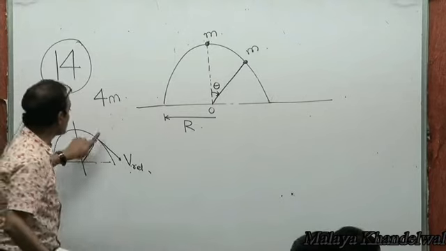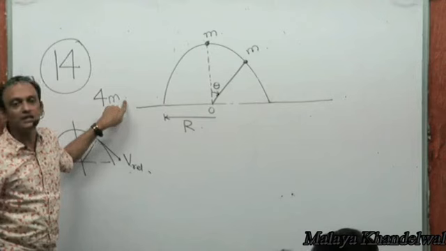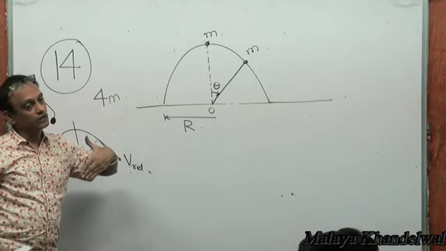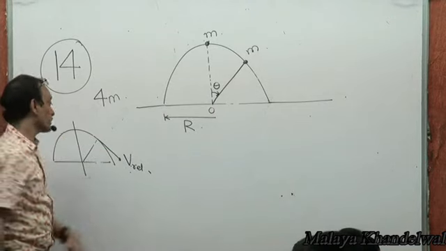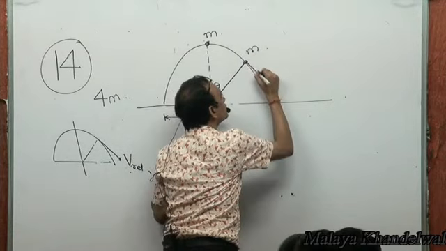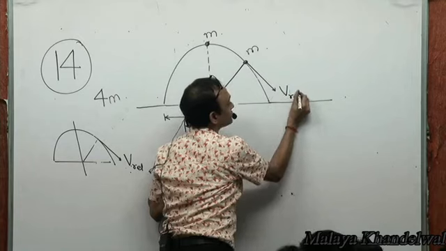Otherwise, they would maintain contact. Yes or no? Are you all okay with this idea? Okay. So one thing for sure, the relative velocity of the particle, vrel, with respect to the hemisphere would be along the tangent.